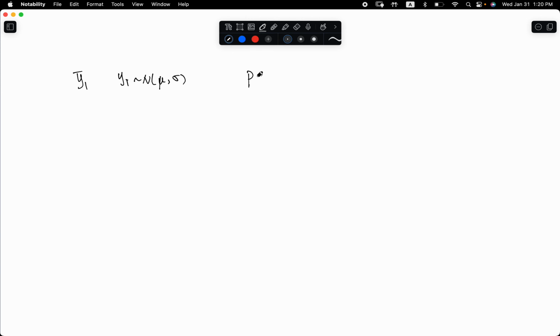We are interested in the probability of y1 bar minus the average of a second sample, and their absolute value is less than sigma over 5. This particular event has a probability of 0.99, and we are asked to find the number n.